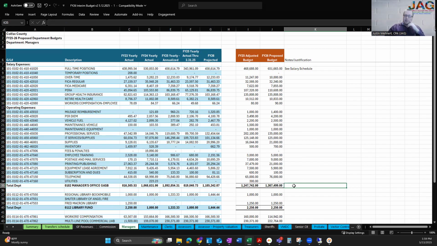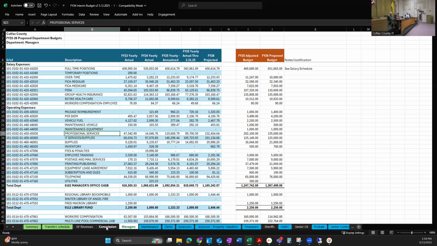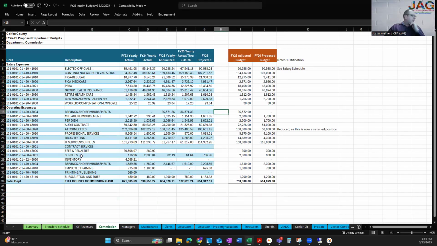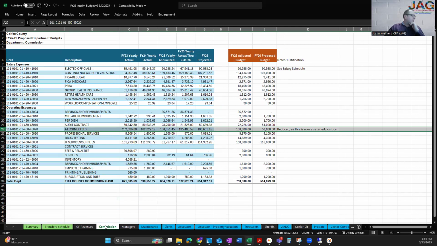You're welcome to adjust that amount to whatever you feel is appropriate. What was the dollar amount? Let me see if I can find it. Here it is, under commission budget. You can see I reduced it from 150 to 50.